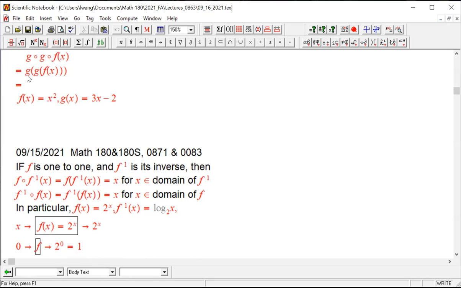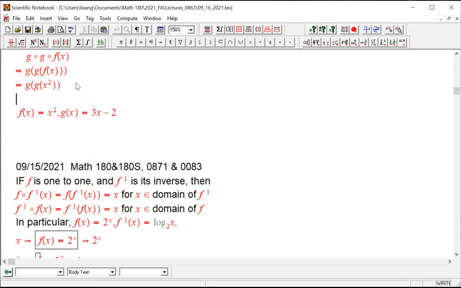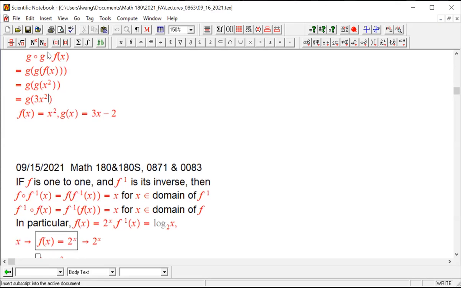And then you start from the inside. So you have g of f, and f of x is x squared. So you replace f of x by x squared. Then you'll be working with g of x squared. You plug it into g, and that's going to give you 3 times x squared minus 2.